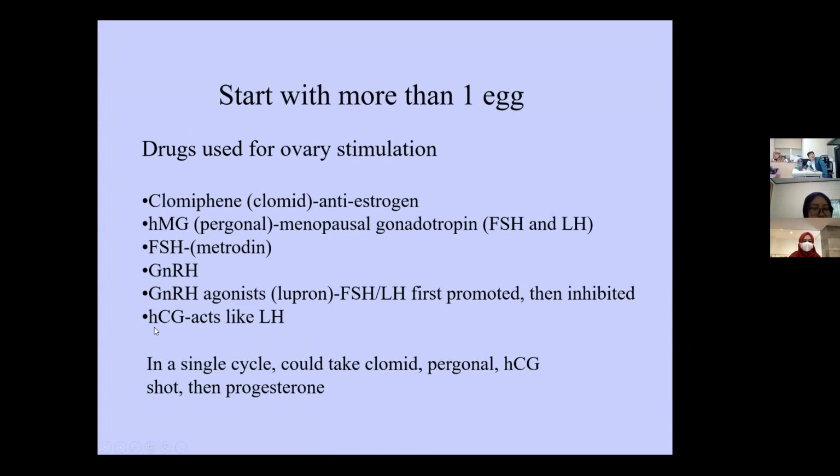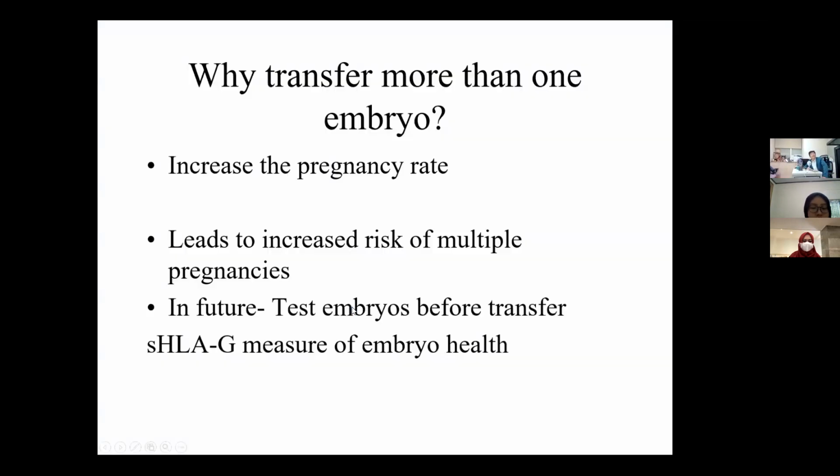And like HCG, which acts like the LH surge, we inject HCG, then get ovulation. If we transfer more than one embryo, we can increase the pregnancy rate, but it also increases the risk of multiple pregnancy. So right now in Taiwan, we routinely transfer two embryos.